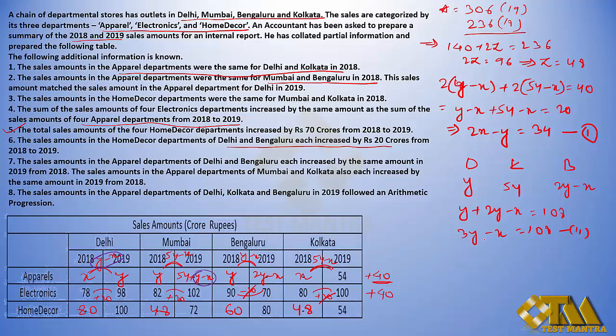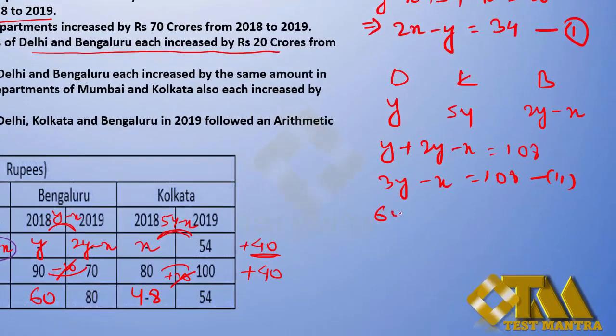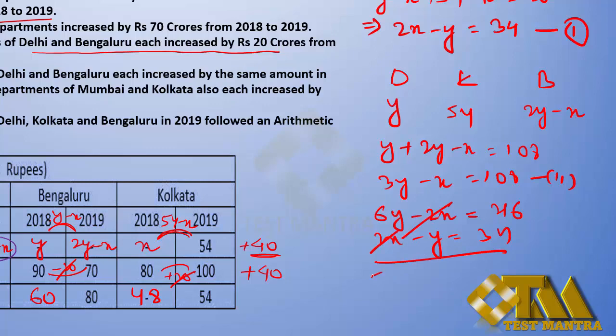Let's try to cancel out one of the part. Let's do one thing, let's double this one. So I can say it's 6y minus 2x is equal to 216, and I have 2x minus y is equal to 34. That represents 5y is equal to 250, y value is nothing but 50.